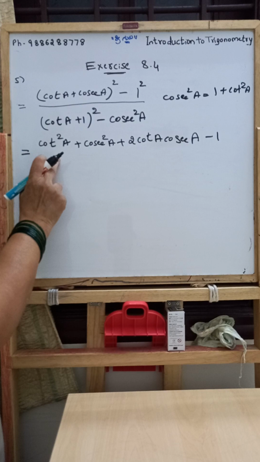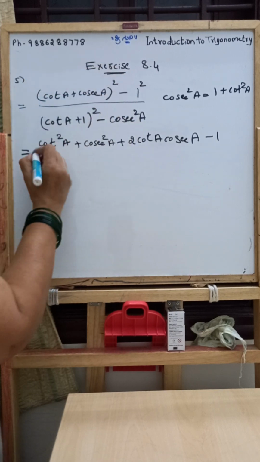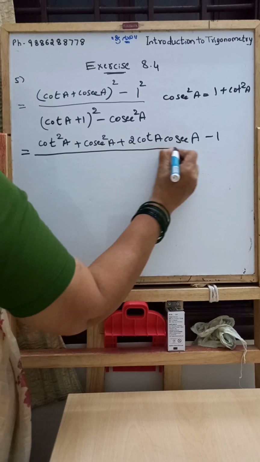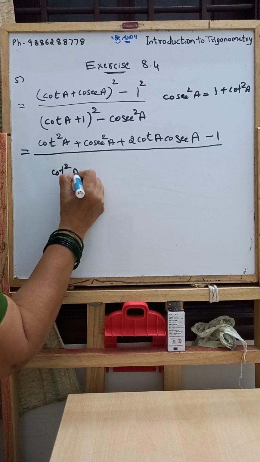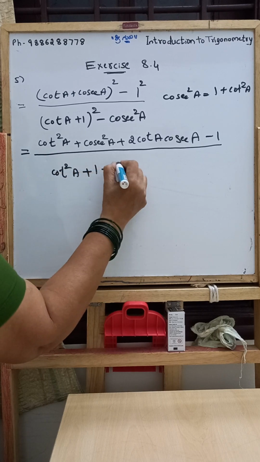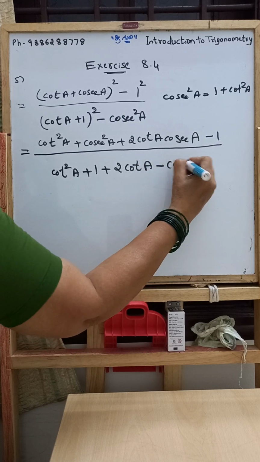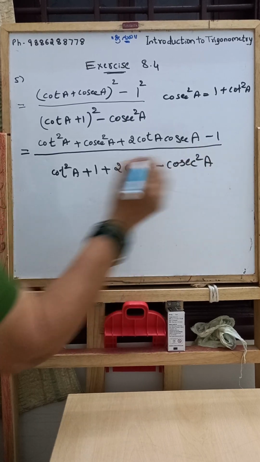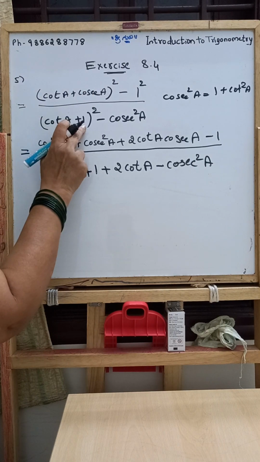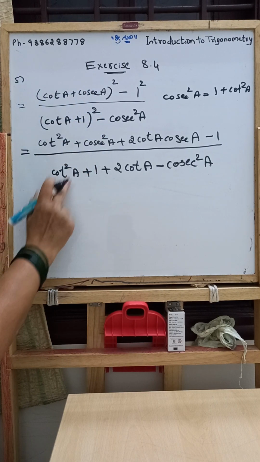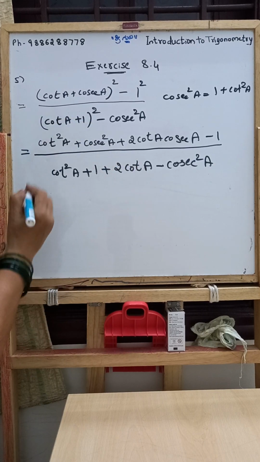That is, first term square, second term square, plus 2 into first term into second term. Similarly, we can write the denominator as cot square A plus 1 plus 2 cot A minus cosec square A.